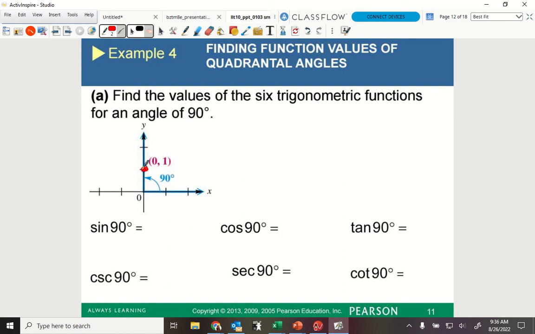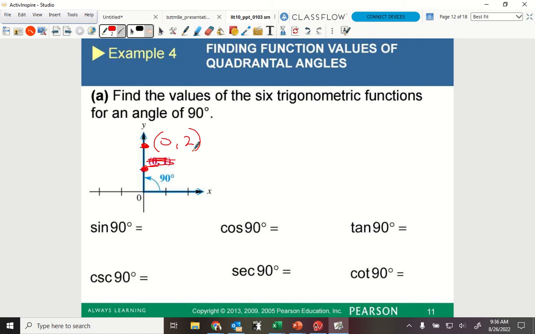But how about this? I'm not going to pick this point. I'm going to pick this point just to prove my point. 0, 2, right? Say yes. Okay. We have the x, we have the y. What am I missing? R. X, y, and r, because I need to find the r.